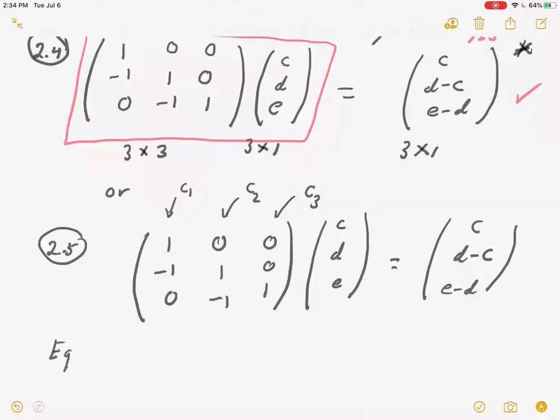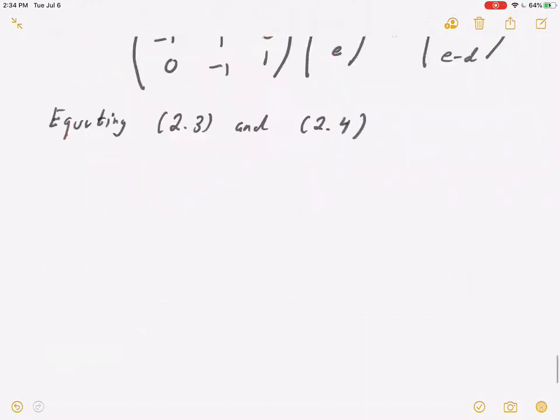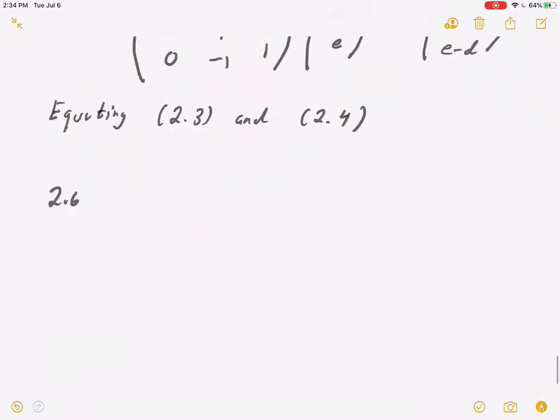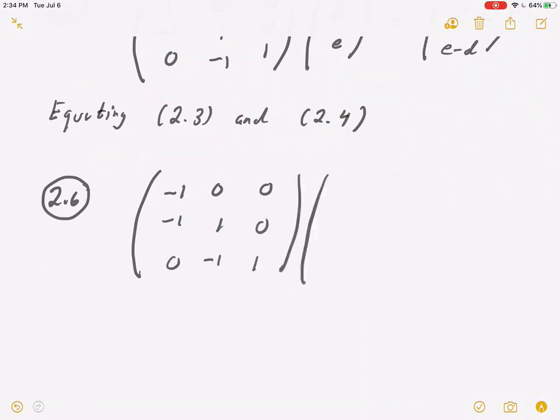Now if I equate equations 2.3 and 2.4, and again, it's not a problem, you can at your own peril skip some of these steps, but it's useful to flesh this whole thing out, see how everything is working in this particular example and generalize later. I've discovered something interesting.